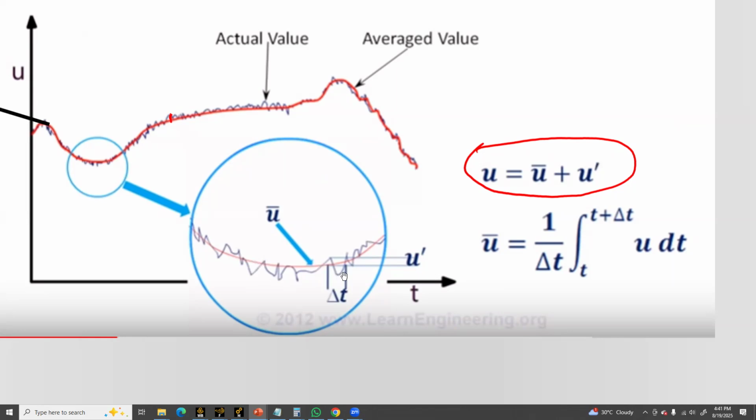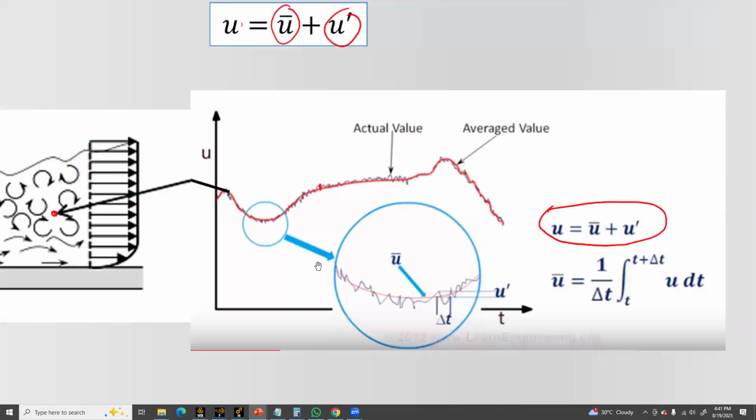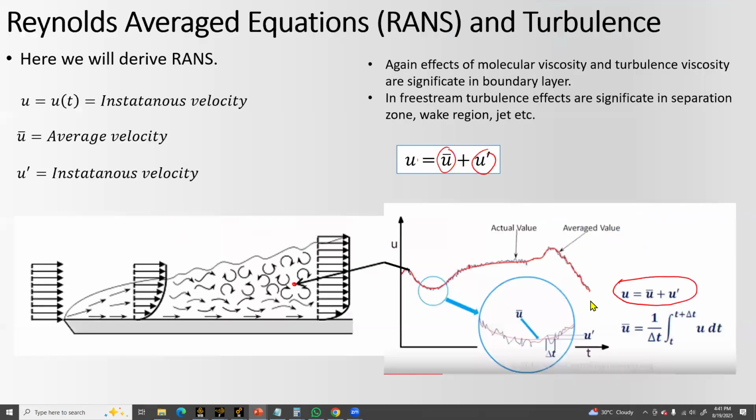So we are integrating the function u with respect to dt, where the starting time is t and the end time is t plus delta t. And then if you integrate, the summation of all the values, we divide by delta t, that's the time interval here, and I will get the average velocity for that particular interval. Okay, this is the definition of the u mean or the u bar.